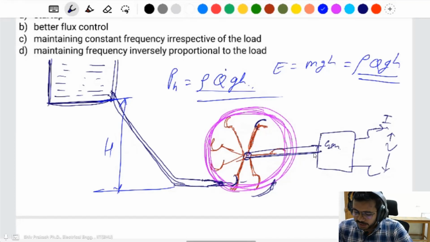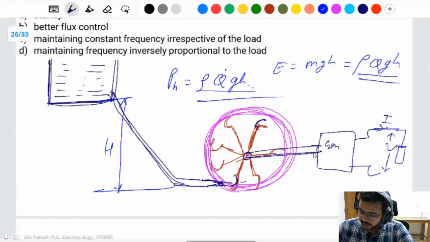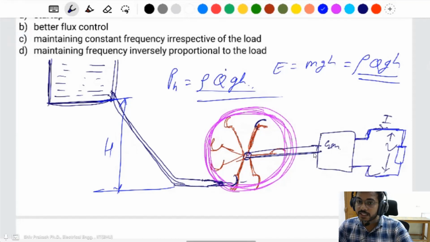But there is some unbalance here in the generator. Suppose you connect some load to the generator, but the load is not constant, it varies with the transient condition, like when one switch is on and an extra load is there, or one load is disconnected from the system.